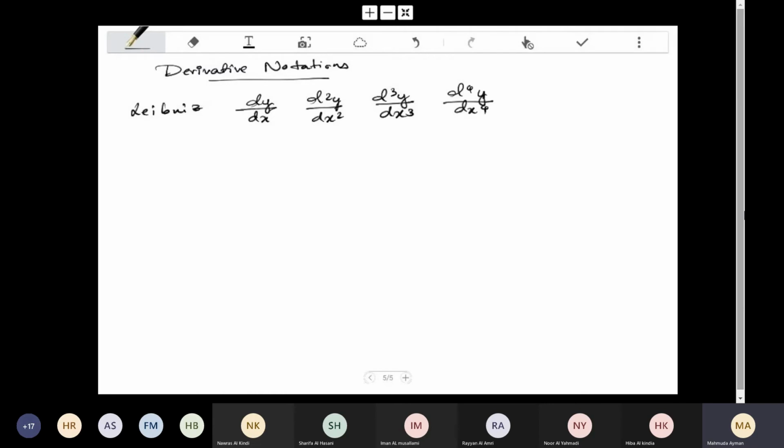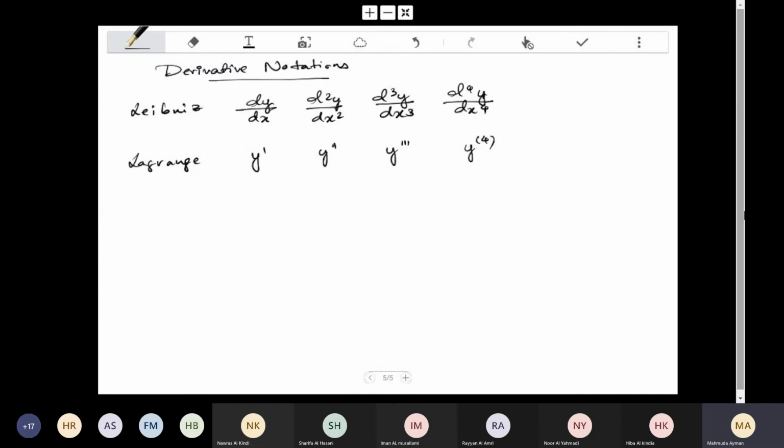Then we have the Lagrange prime notation that you will also see in this course, which are y prime, y double prime, y triple prime, and y to the 4 prime.